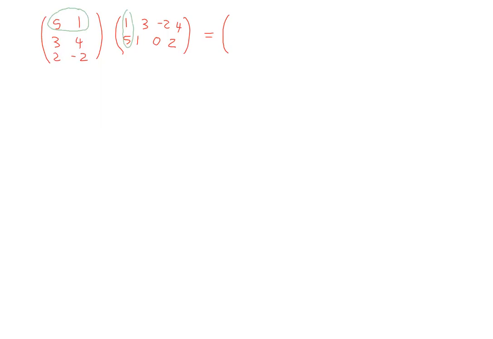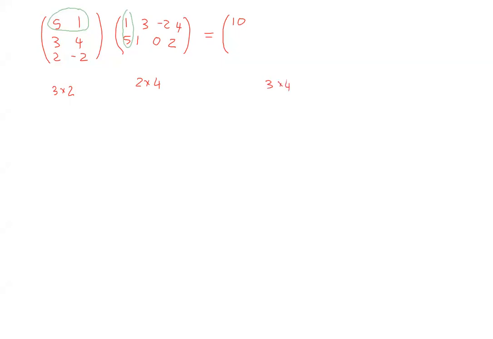Because if one had 4 entries and the other had 3 entries, you would not be able to take the dot product, right? But now you're able to, and you have 5 times 1 is 5, and 1 times 5 is 5. So the result is 10. This is a 3 by 2 matrix. This is a 2 by 4 matrix. So the result is going to be a 3 by 4 matrix.